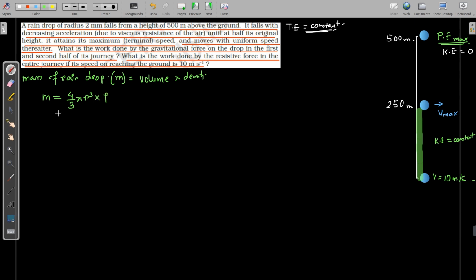This is mass. So 4/3 pi r cube. What is r? r is equal to 2 mm. And what is density? Density is 1 gram per centimeter cube, or we can use here 1000 kg per meter cube. Now why are we using 1000 kg per meter cube? Because we are considering it in SI unit.